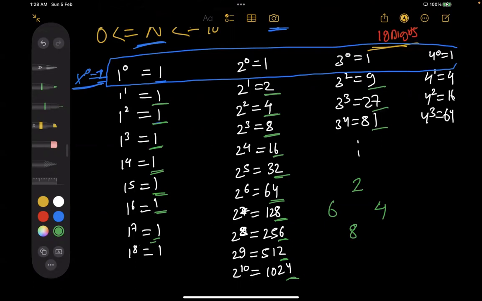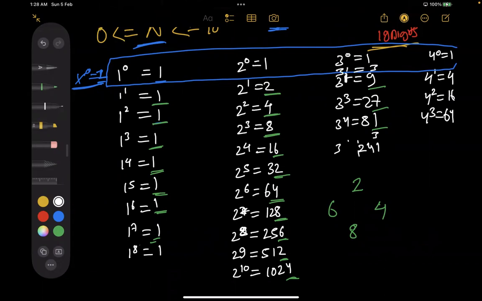Now, next number, if we try to find, it will be nothing but multiplying by 3. 3 1s are 3, 3 8s are 24. Okay, we missed here 3 power 1.